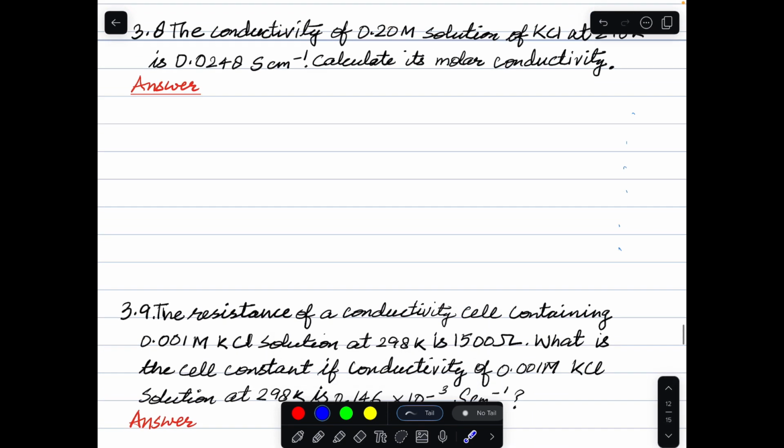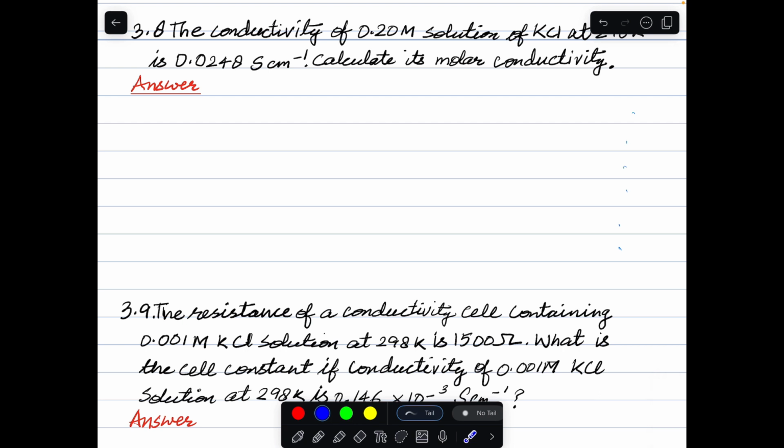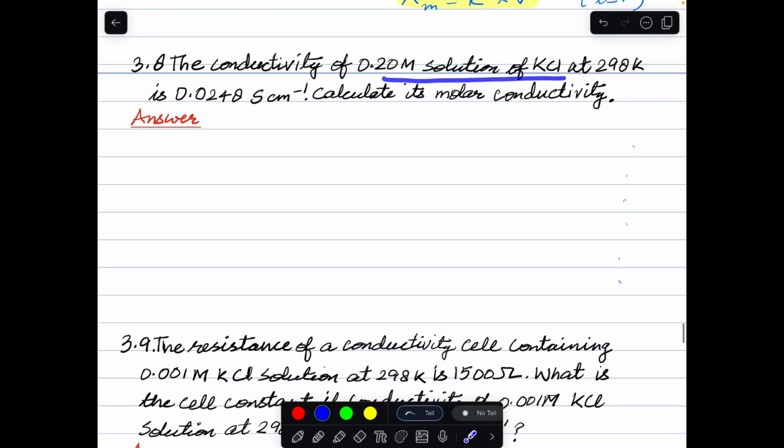Next question, 3.8. It is given that the conductivity of 0.20 molar solution of potassium chloride at 298 Kelvin is this. Calculate its molar conductivity. So we will simply put the values in the formula of molar conductivity. What information do we already have?